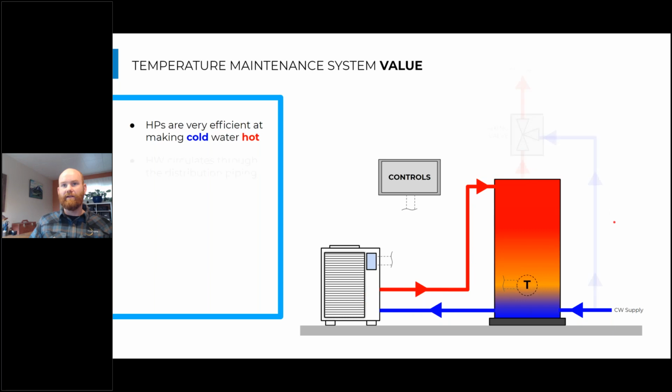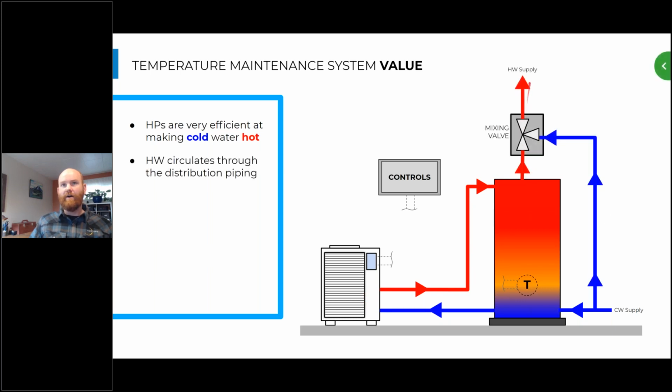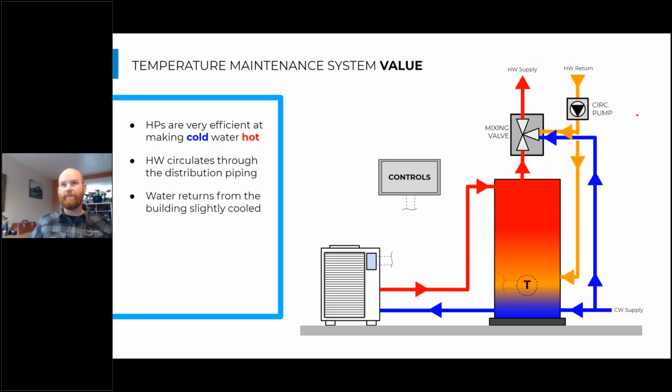This is great, but we have to send that hot water out, and in big buildings with large distribution systems, we want to circulate some of that water continuously so that when Suzanne opens a fixture at her shower at 4 a.m. in the morning, she has an early schedule, that water is already hot in that distribution piping. It hasn't cooled overnight, and that's because it's circulated continuously.